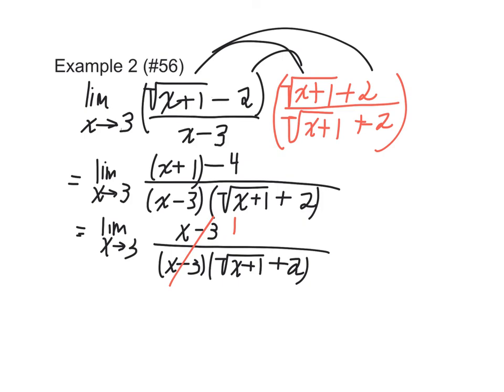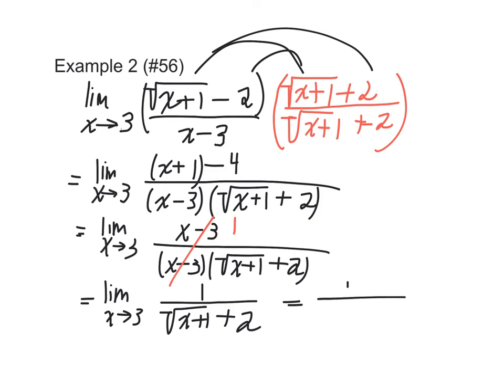They reduce to 1. And we're left with 1 all divided by the square root of x plus 1 plus 2. By completing direct substitution, I'm going to get 1 all over the square root of 4 plus 2, which is a fourth.